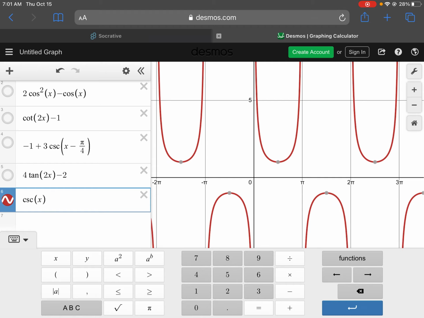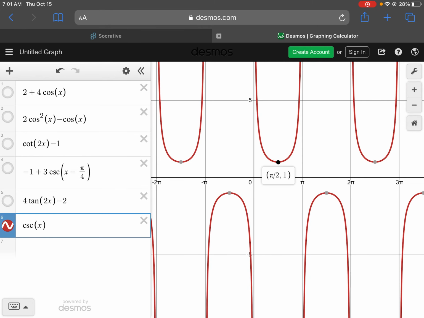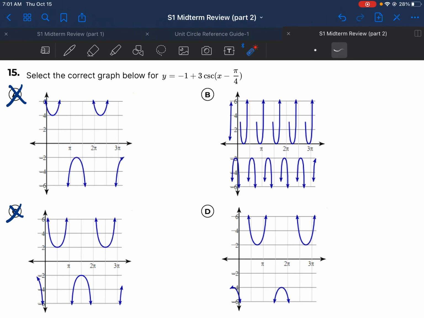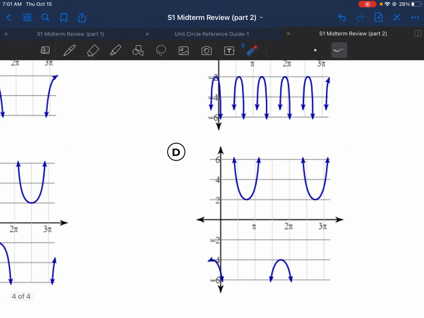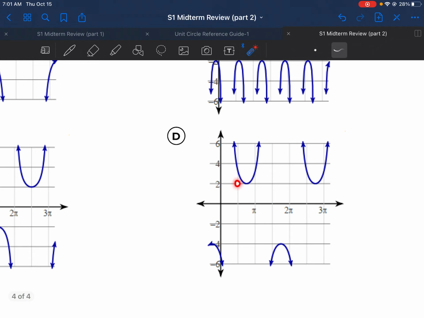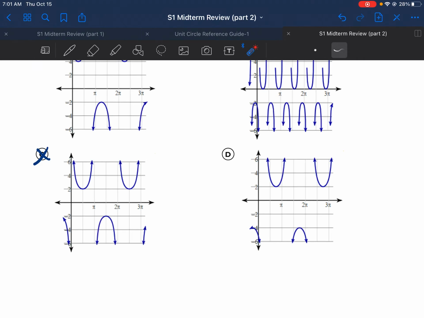Notice that the cosecant of x has asymptotes at 0 and pi, and has a midpoint for one of those little sections right there at pi over 2. So if I were to look right here at answer choice D, this is where that little point would have been, and we can see that it's been moved to the right by pi over 4. So I'm definitely thinking D is going to be my answer choice.